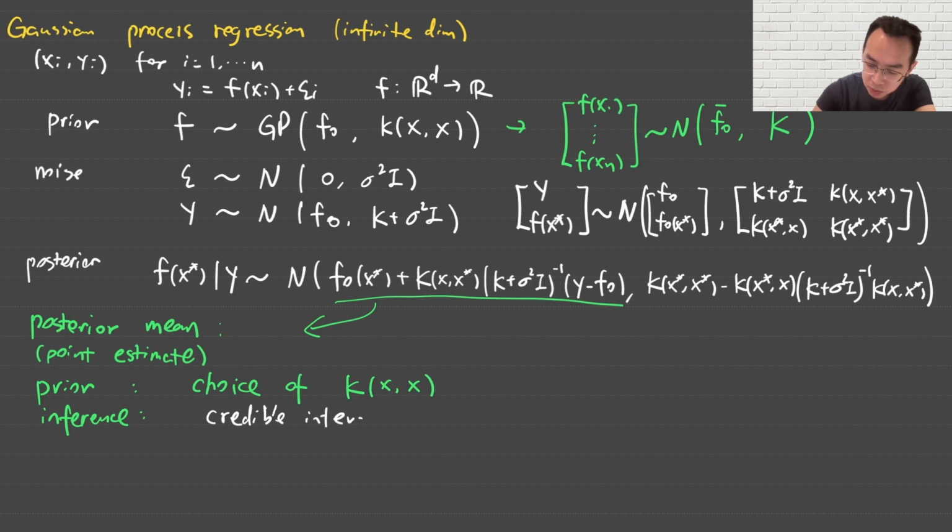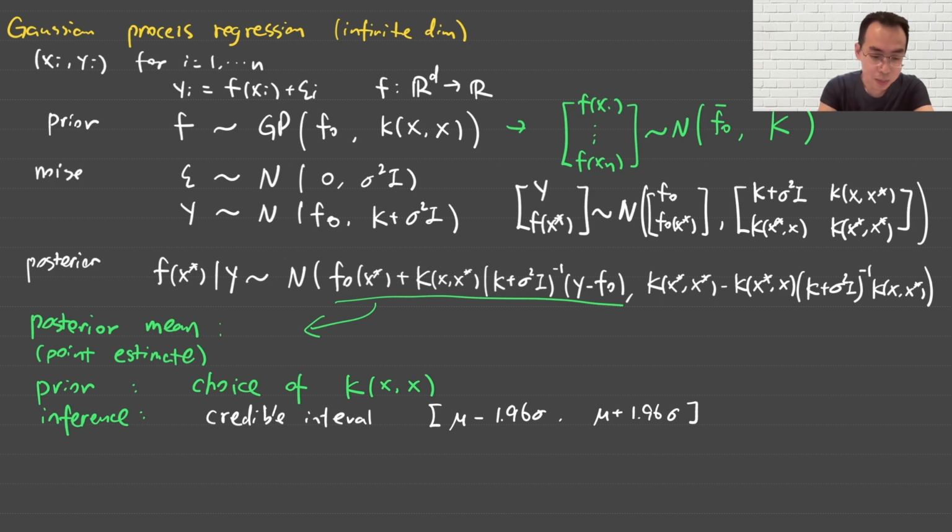That is usually defined as mu minus 1.96 sigma to mu plus 1.96 sigma. We can just plug in the formula for the mean and variance into this to get a credible interval for the curve. So that's a way to quantify the uncertainty.